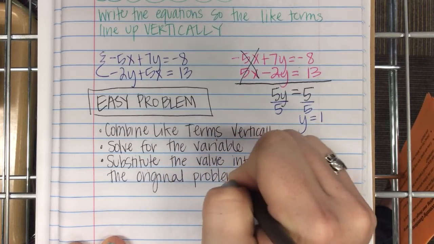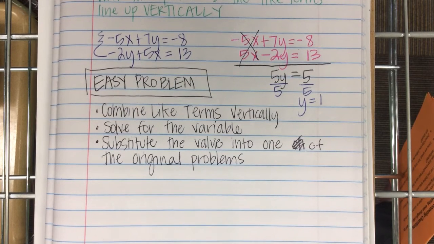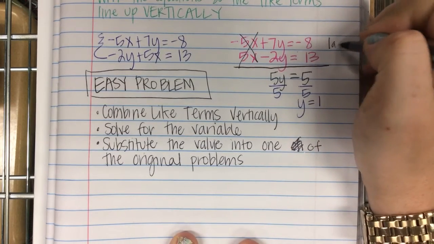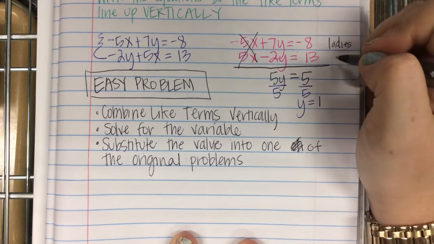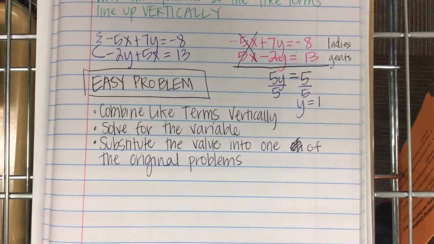It does not matter which one you want to do. So let's have the ladies substitute in the top one, and the gents substitute into the bottom one. It doesn't matter. You're both going to get the same answer.